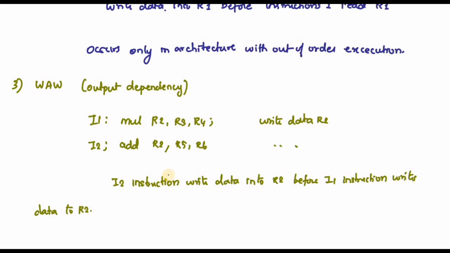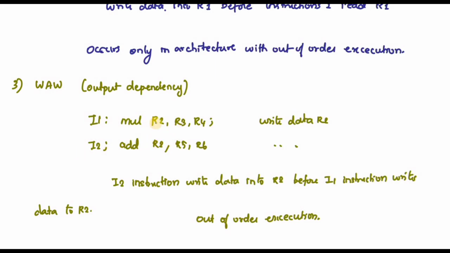So if the I2 instruction writes data into R2 first, there will be a problem. This is also due to out of order execution. The final value of R2 must be the I2 instruction value only.